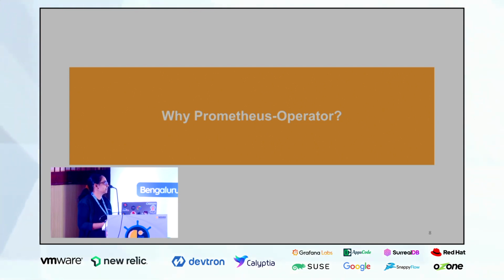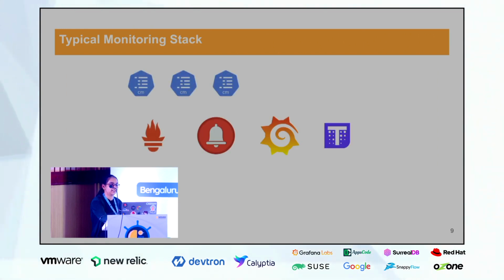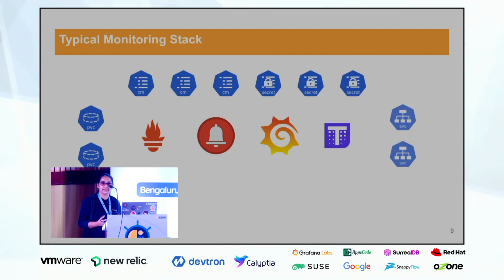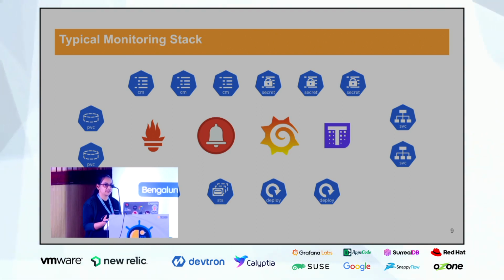So we are talking about Prometheus Operator. Why do we need this project itself? A typical monitoring stack will contain different components like Prometheus, Alertmanager, Grafana, or Thanos. You can configure these components yourself if you are a risk-taking person, because this is very error-prone: you need to configure the YAMLs by yourself, and you have to check if it is working or not, and you have to configure various secret objects to hold your secrets like some token, and you have to configure the persistent volumes and persistent volume claims to store the data persistently, and then deploy these objects.